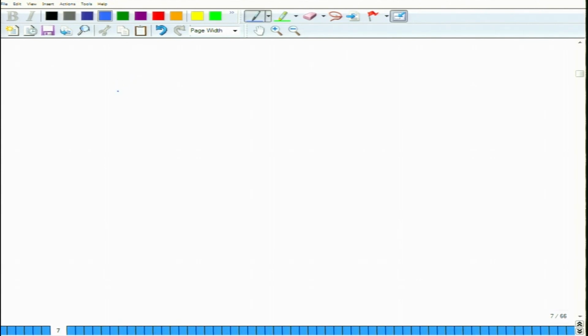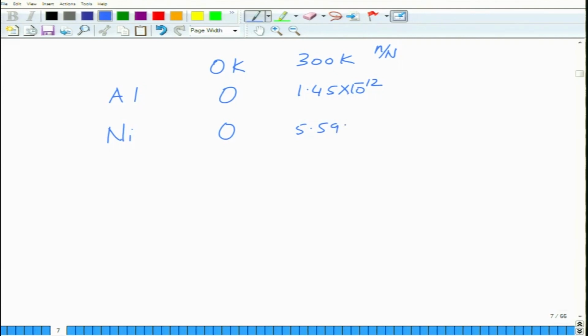For example, if you calculate the difference between aluminum and nickel, at 0 Kelvin, of course both of them will have 0. At 300 Kelvin, aluminum will show you 1.45 into 10 to the power minus 12 fraction of vacancies. So this is basically n divided by N, and for nickel this happens to be 5.59 into 10 to the power minus 30.